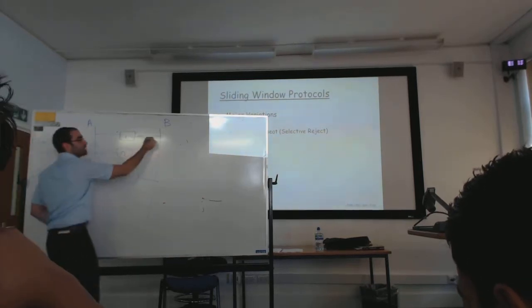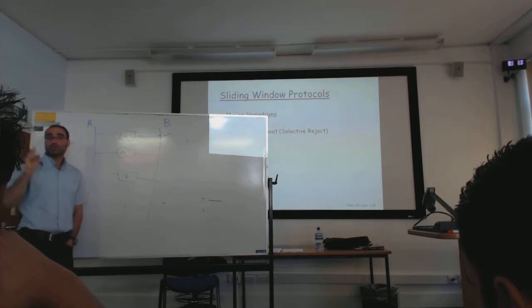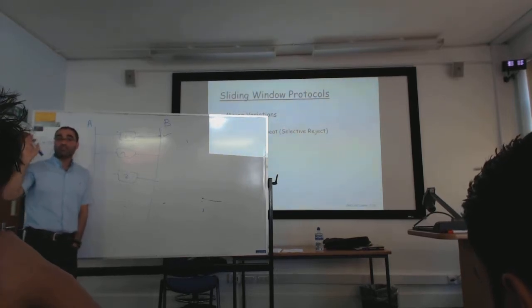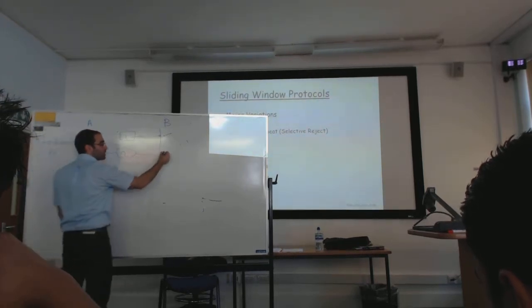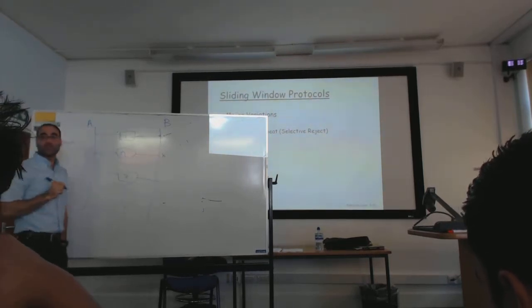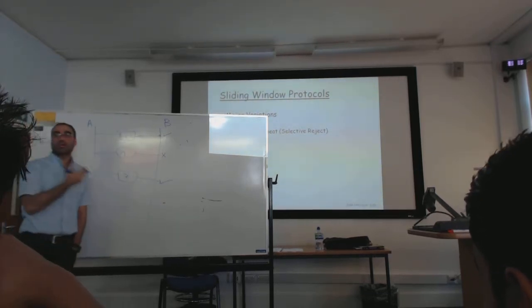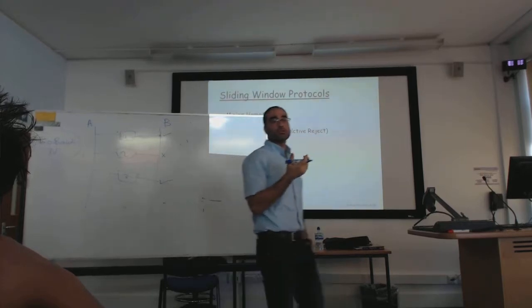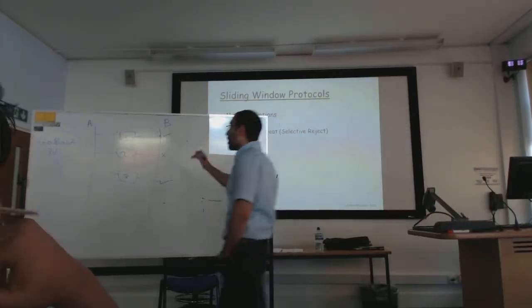Let's say the first packet arrived successfully. Remember the 3 first requirements that we need: no errors, in order, no duplicates. The second one did not arrive. The third one arrived afterwards. What's not happening here? The order.